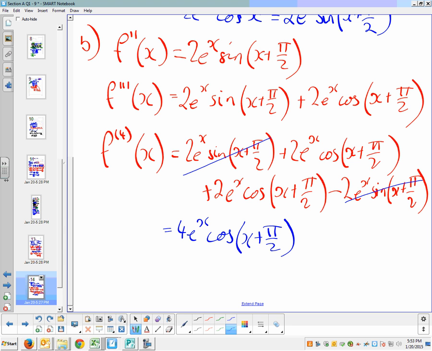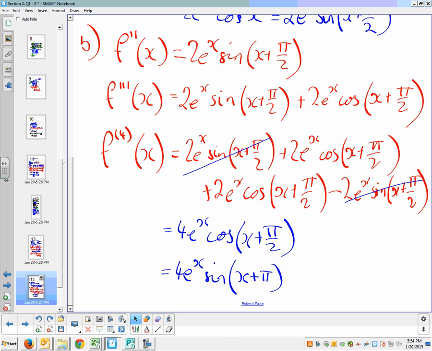And if we apply the same transformation again, turn it back into sines, we get sine of x plus pi. And that is the key.